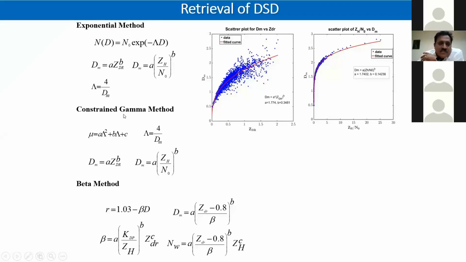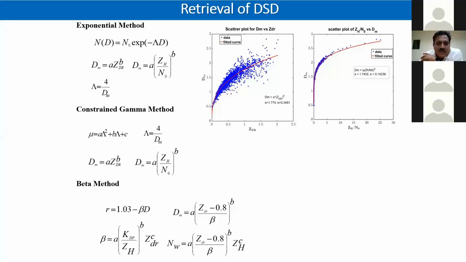But the problem is, the exponential distribution is not explaining all the variability in the raindrop size distribution, so if I want to assume it as a gamma distribution, gamma distribution is a 3-parameter model.